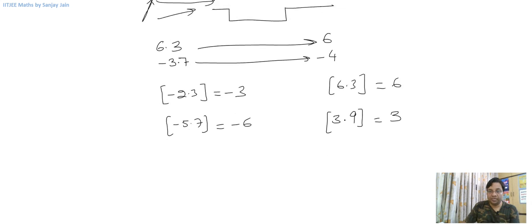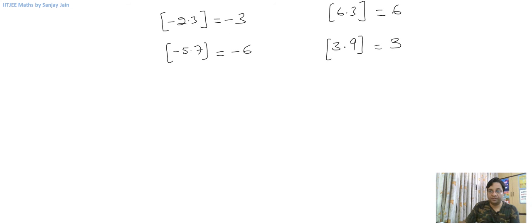Now if you look at the input values, even if I put, let us say, 1, it will give me 1 back, right? Because it has to give me an integer which is less than or equal to the input value. So 1 will return me 1, okay? It itself is an integer, so it will give me 1. So if you look at the output, we are getting all the integral values, right?